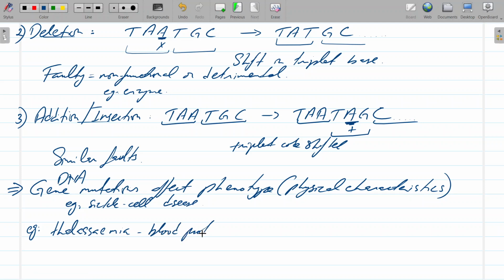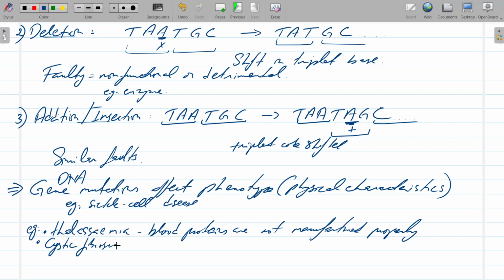And so blood proteins are not manufactured properly. And then you've got another, cystic fibrosis. And so this affects the function of certain membrane proteins.